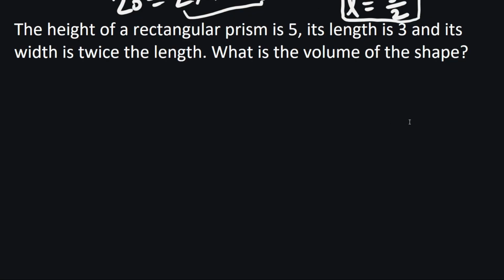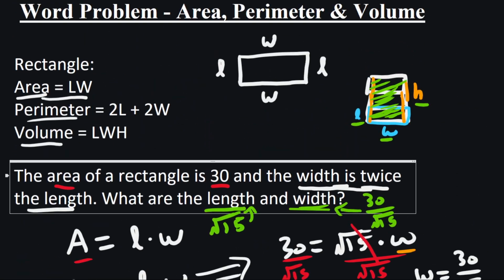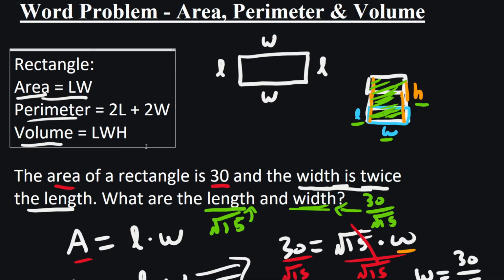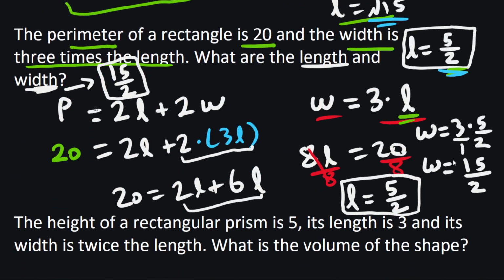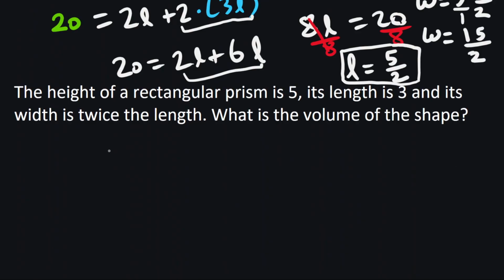Okay, so we know the shape is the rectangular prism, and we know the volume formula up here is length times width times height. So let's go ahead and write that down. So our volume equals length times width times height, L times W times H. And what do we know about this? We know the height is 5, so H is 5.